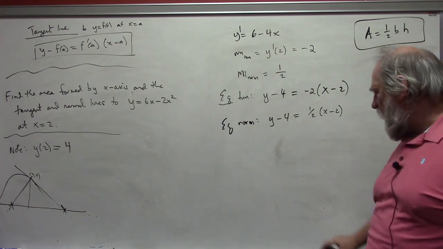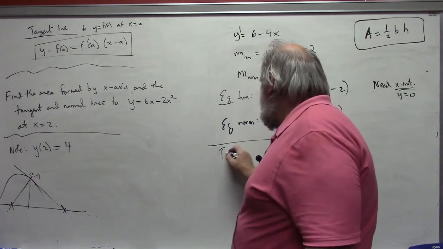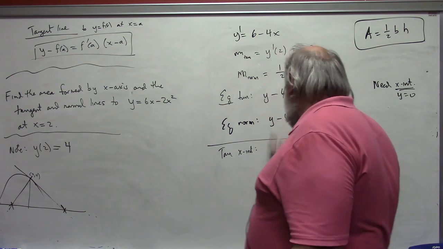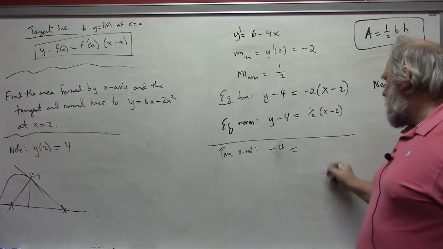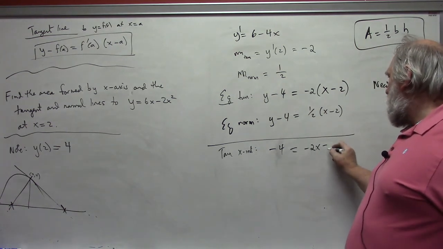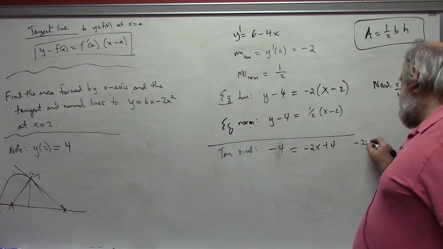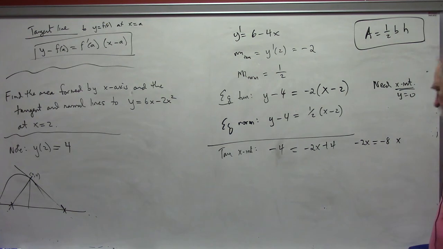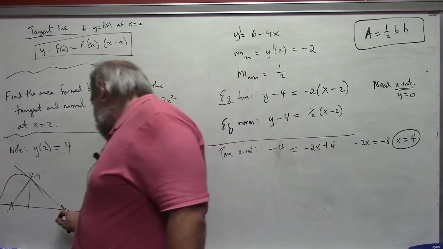And so we have, for the tangent x-intercept, y is 0, is equal to negative 2x plus 8, which gives me negative 2x is equal to negative 8, so x is equal to 4. So this value here is when x equals 4.